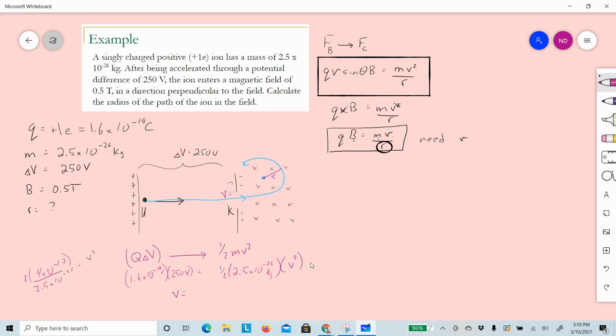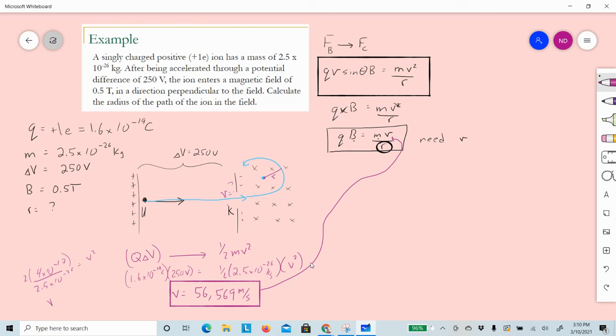That equals V squared, square root of all that. V equals, right here, 56,569 meters per second. So now we have V. Now we know everything.